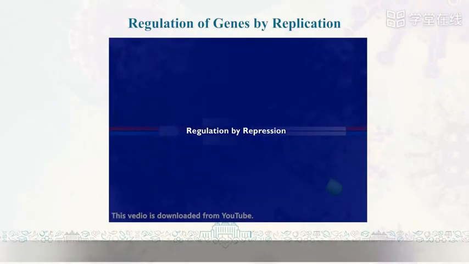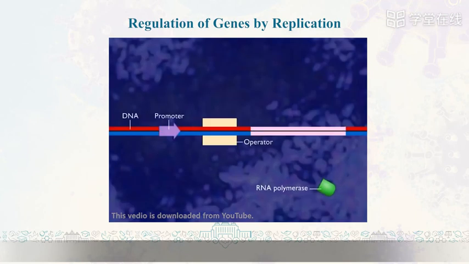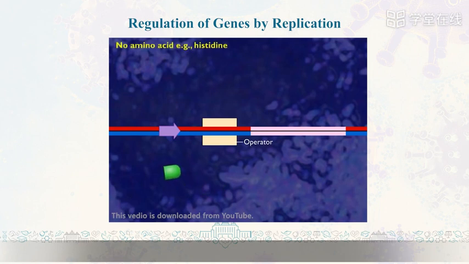When a microorganism, such as E. coli, is grown on glucose, it must synthesize all of its amino acids. If an amino acid, such as histidine, is added to the medium, the organism can turn off the synthesis of the enzymes needed to make histidine. In the absence of the amino acid, a regulatory protein called a repressor is made, but it is unable to bind to DNA and prevent transcription.